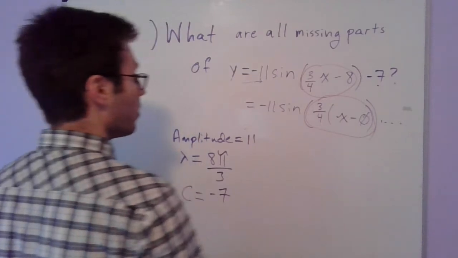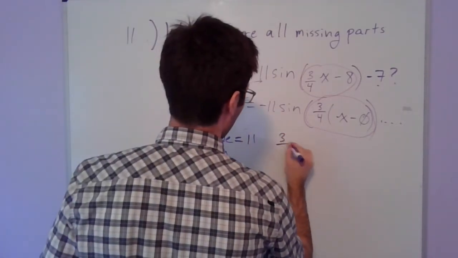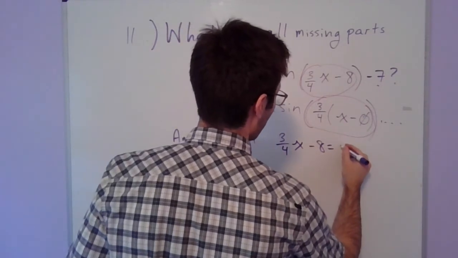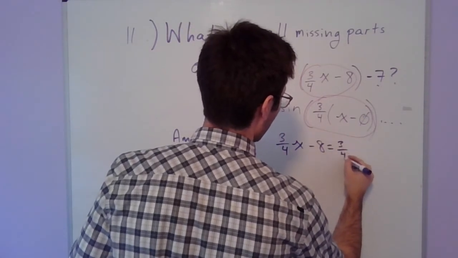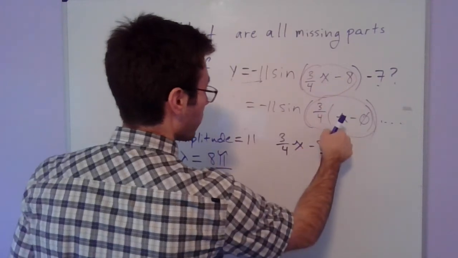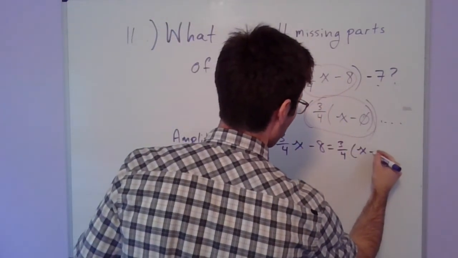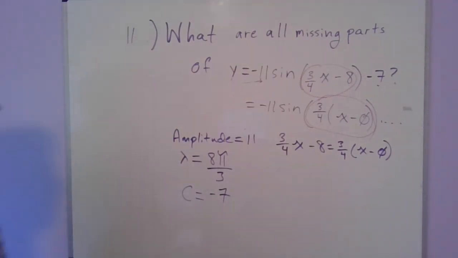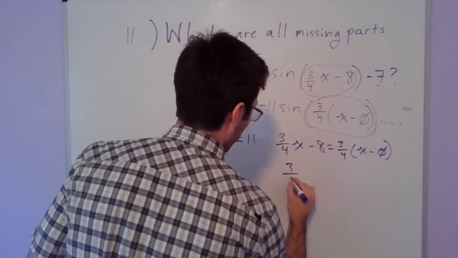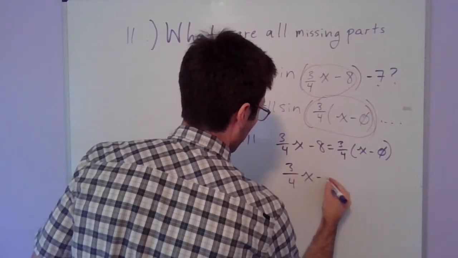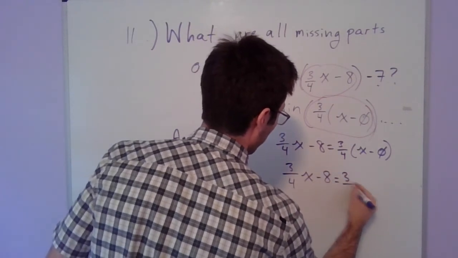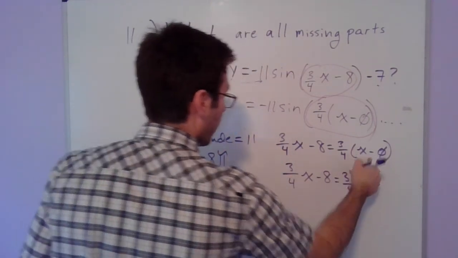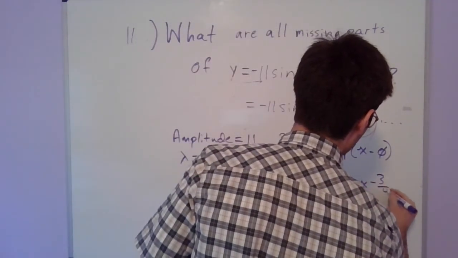So let's do that. You get 3/4 x minus 8 is equal to 3/4 times x minus phi. In other words, 3/4 x minus 8 is equal to 3/4 x, and you're taking that and multiplying it by the phi, so it's minus 3/4 phi.